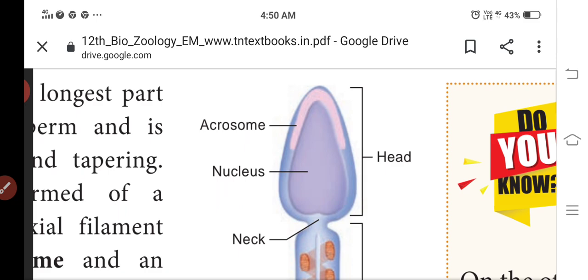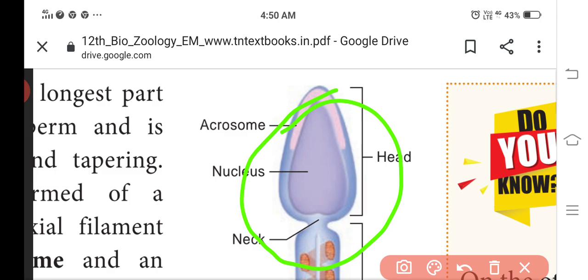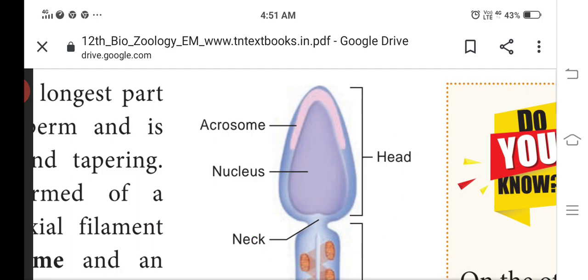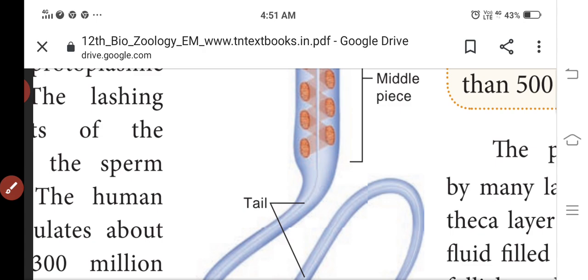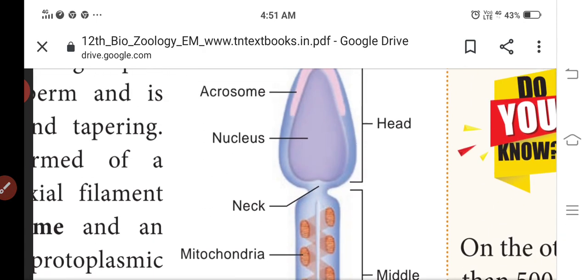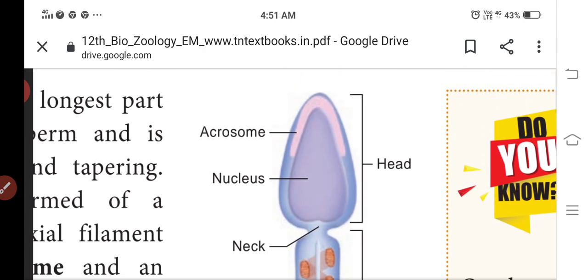The whole body is enveloped by the plasma membrane. It consists of head, middle piece and tail. Now we discuss the head.